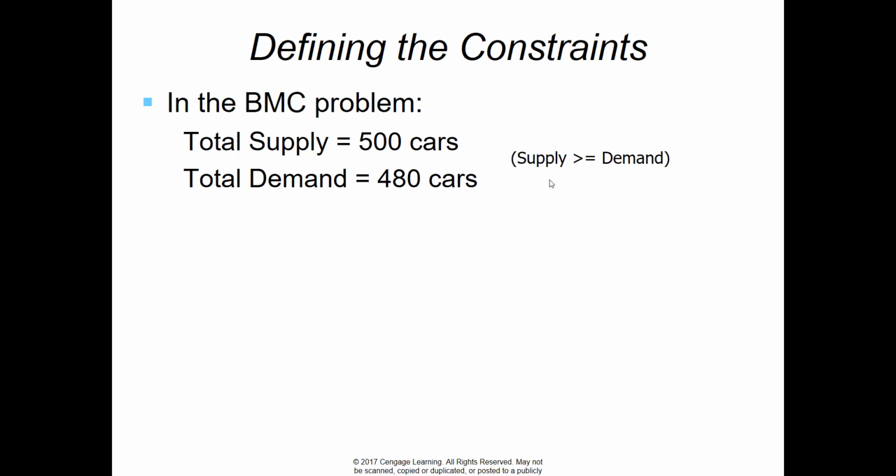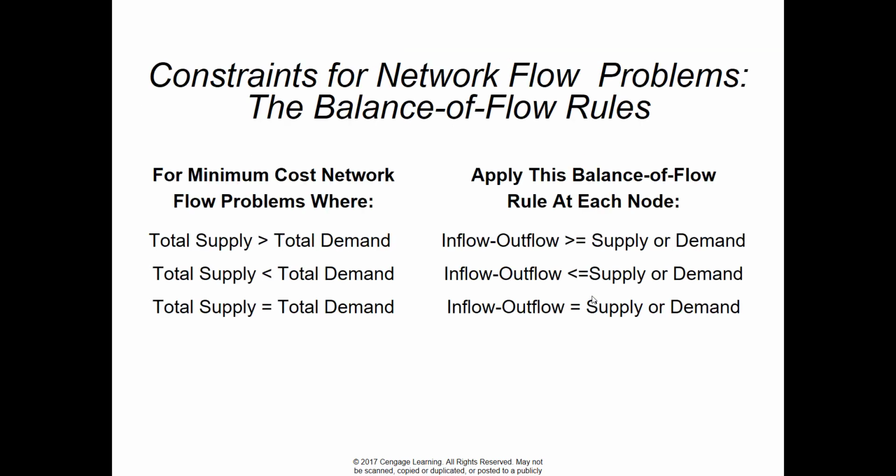So the total supply is greater than total demand, and we are in this category: total supply is more than total demand. So at each node, we have to define inflow minus outflow is greater than or equal to the supply and demand. So let's talk about inflow and outflow.